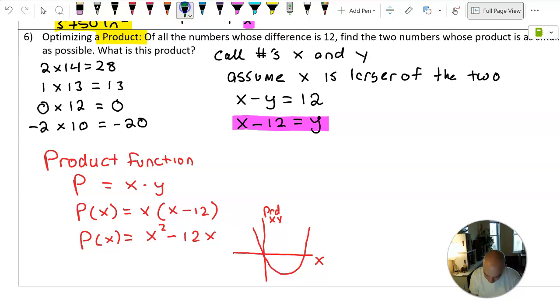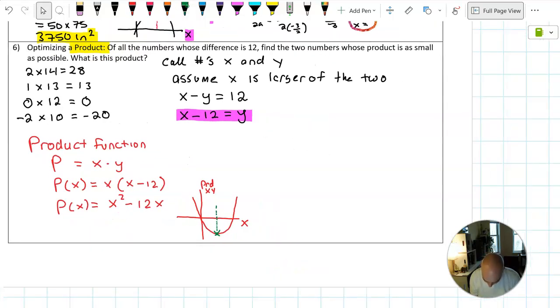And we're looking for the minimum, which means that, yet again, we're looking for the vertex. So we can find the vertex at negative b over 2a. So that's going to be 12 over 2. Oh my gosh, it's 6.